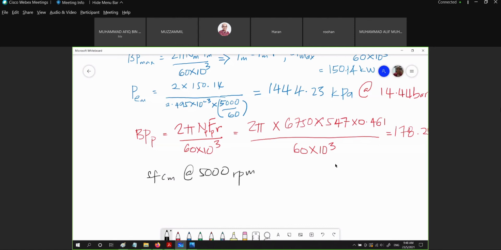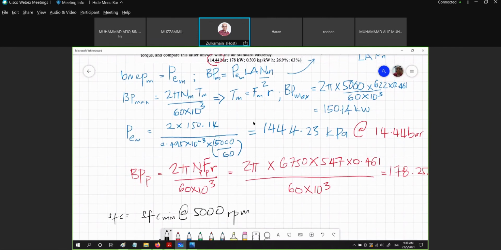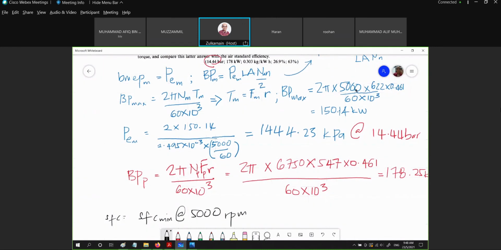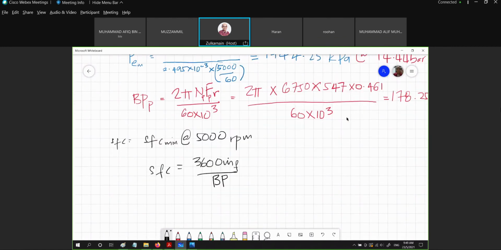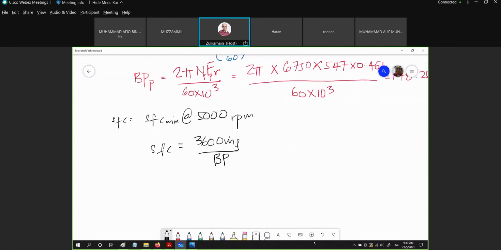Okay, SFC is equal to 3600 m.f divided by BP at 5,000. Kita namakan dia sebagai BP max. So bila ni max, ni akan jadi min.